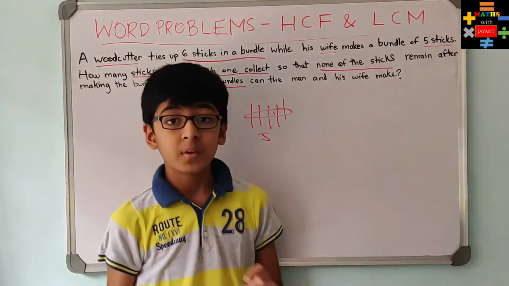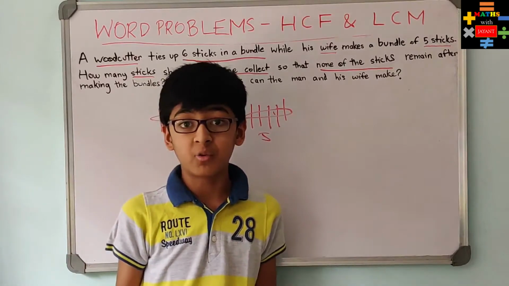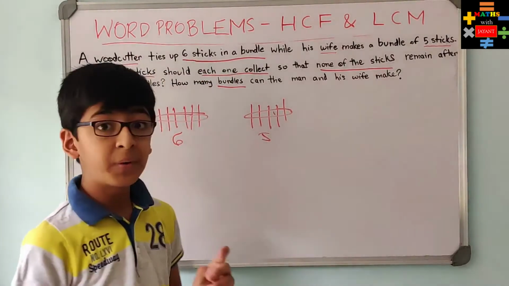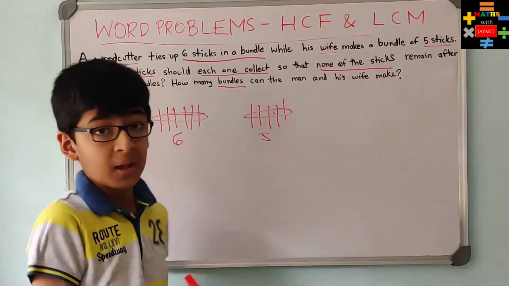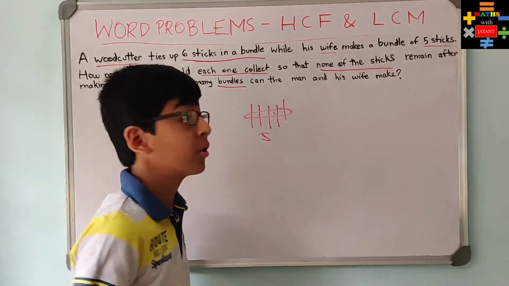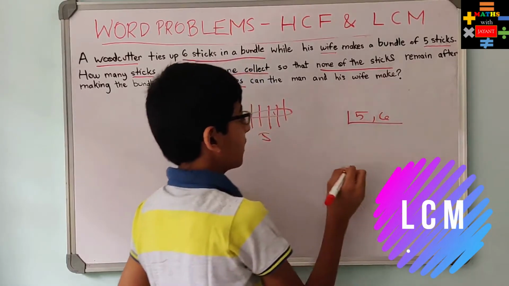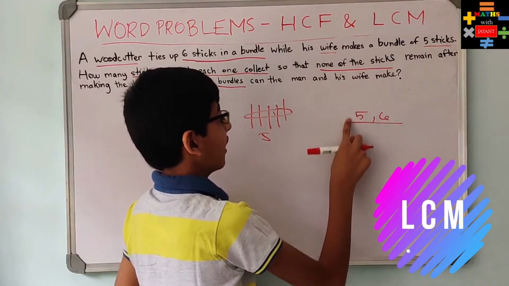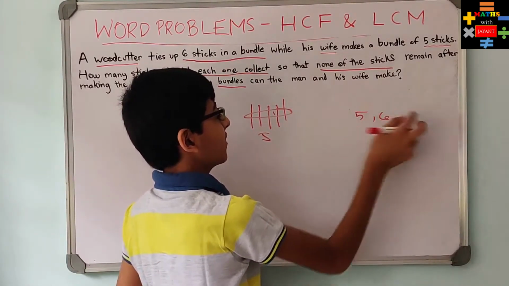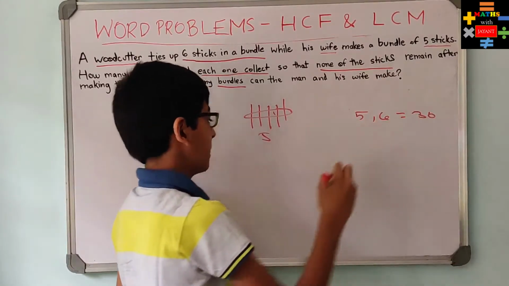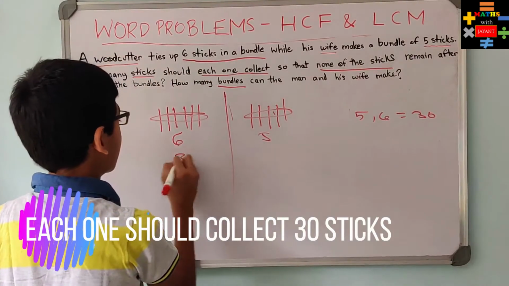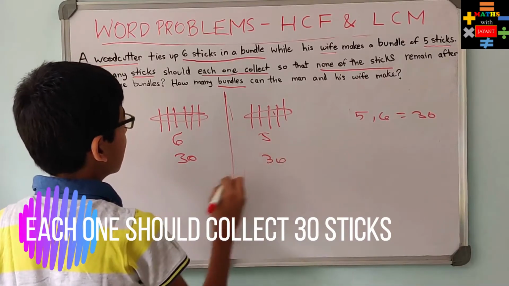So over here we need to see the minimum sticks that each one should collect. It should be a common multiple of both of them, and it should be the lowest. So we have to find the lowest common multiple. The LCM of 5 and 6: 5 and 6 are co-prime numbers, so the LCM is the product, 30. So each one of them should collect 30 sticks.